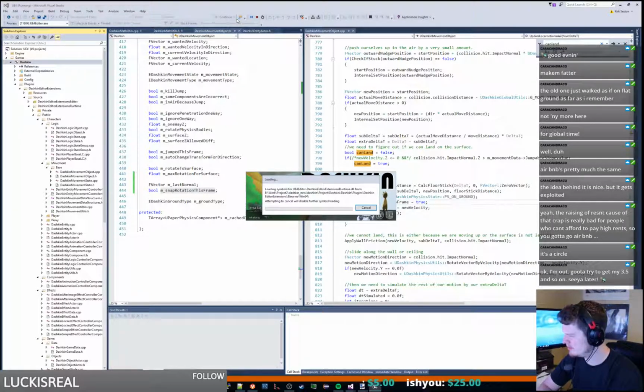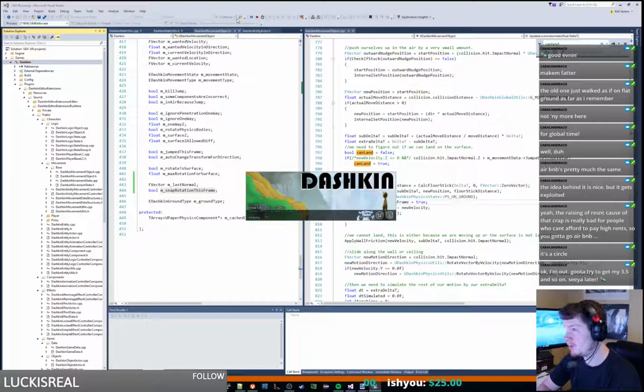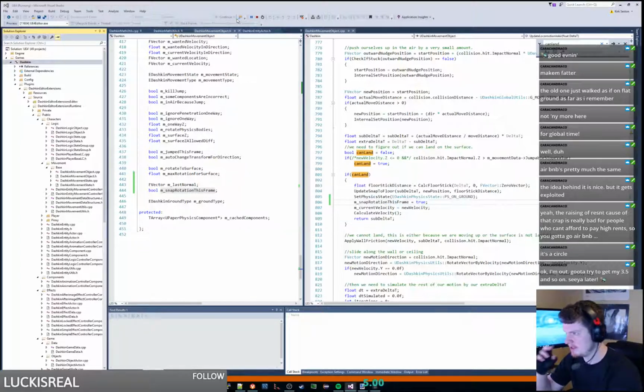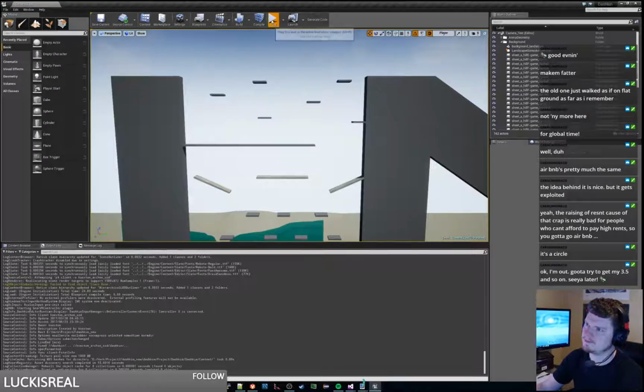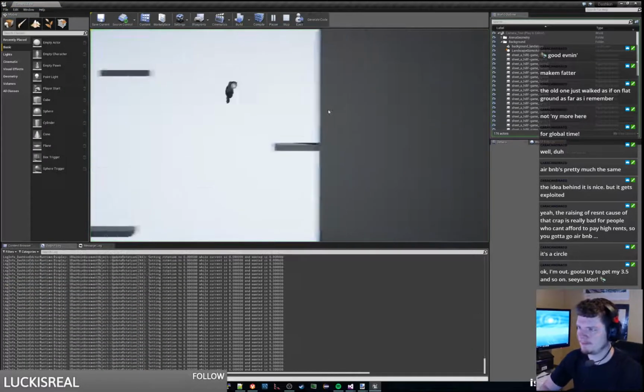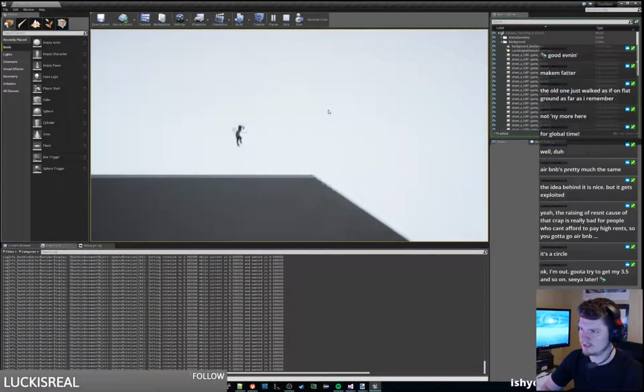But the other thing we could do is we could have your actual movement speed, like your y velocity, also determine how fast this thing actually snaps. That would be another option.